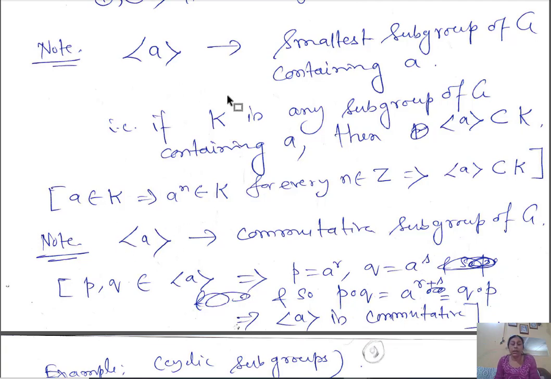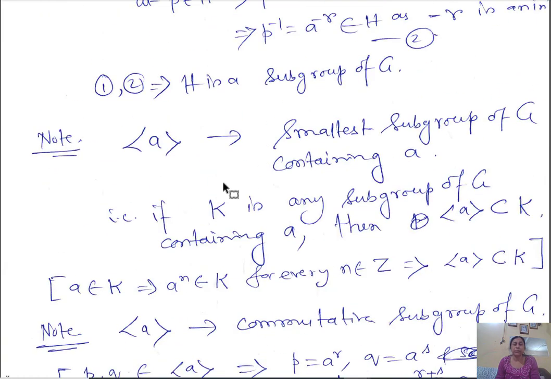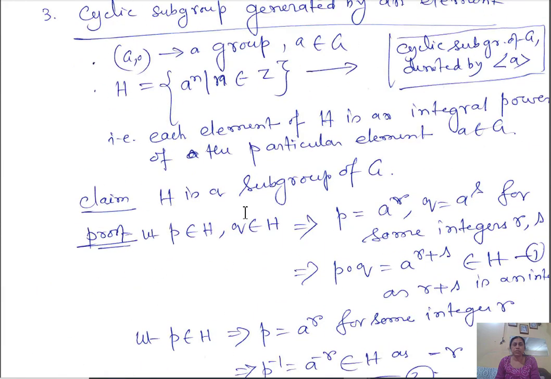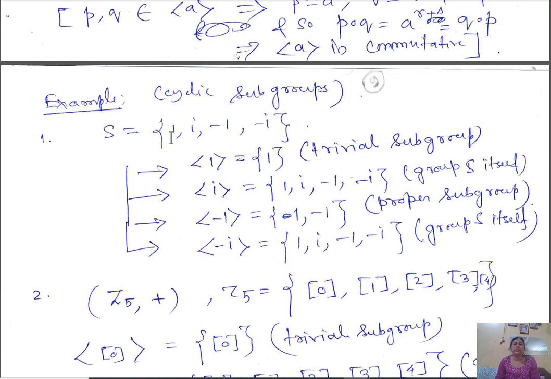Okay. Last, some examples of cyclic subgroups. Say I have taken my set to be 1, i, minus 1, minus i. So what are the subgroups generated by each element?